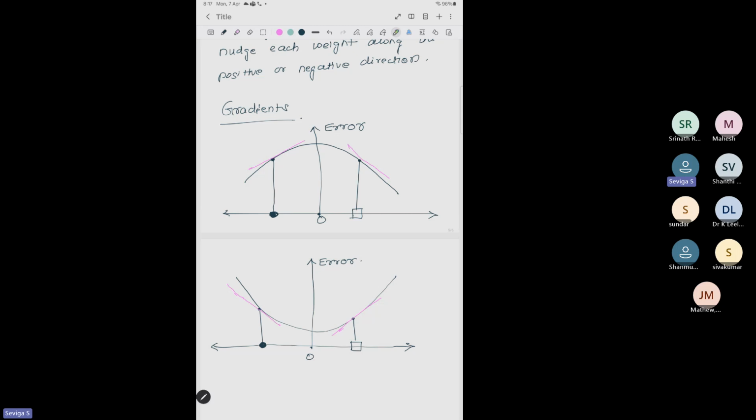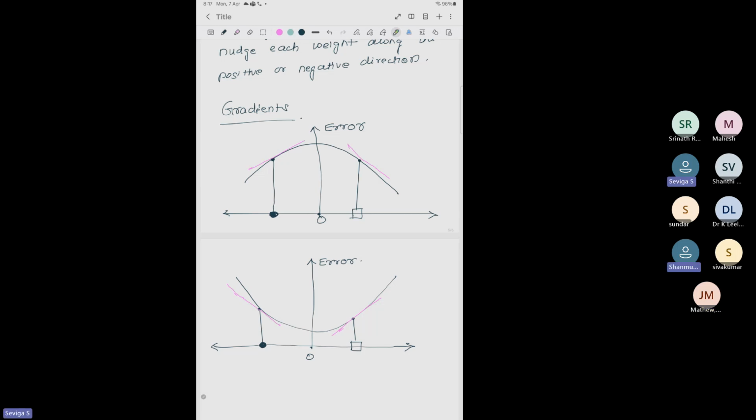Even more basic than that, what is the problem? The answer is on the screen. We have to find the error graph. No, the error graph is easy.